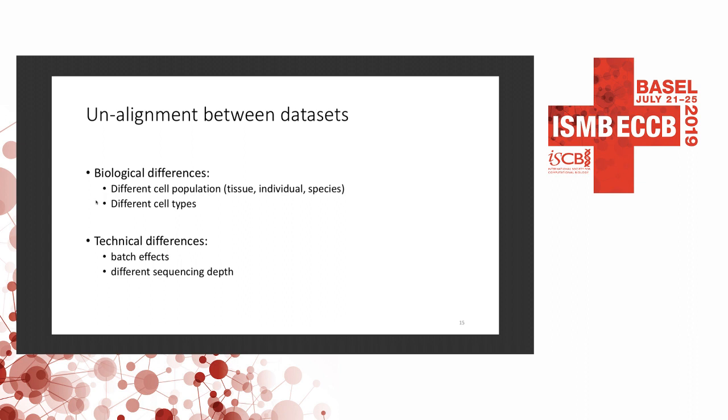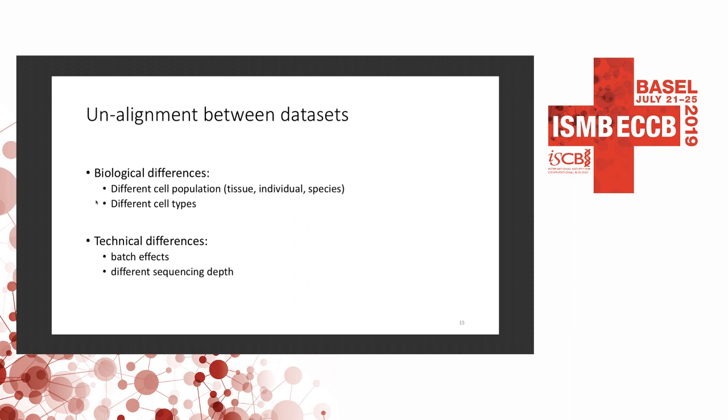Also, maybe some individual has a different cell type that is not representing the other cell populations. So you also see unalignment between data sets. And in one of these data alignment papers, they also try to align human and mouse cells. So you know that they are different, so, of course, you don't see them aligned to each other. That's the biological differences.